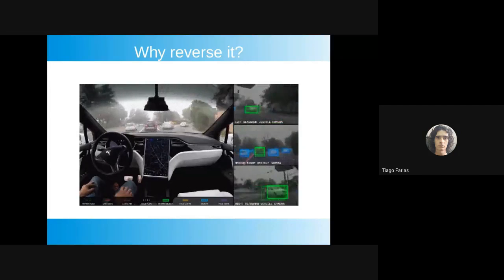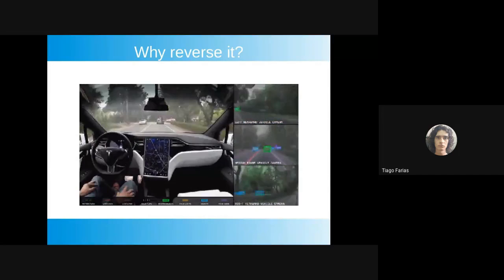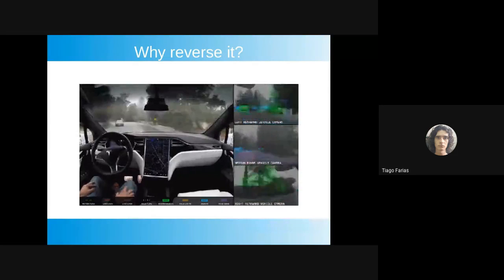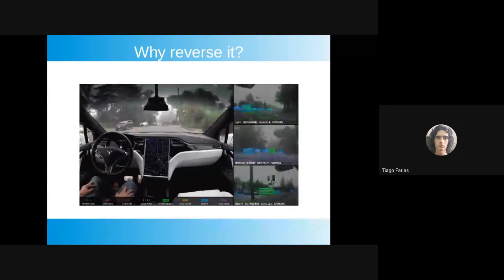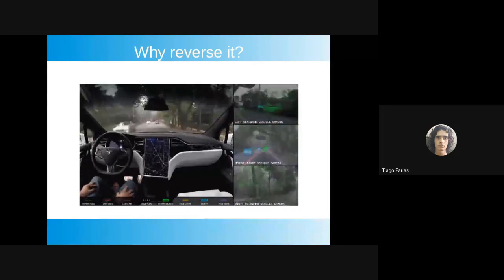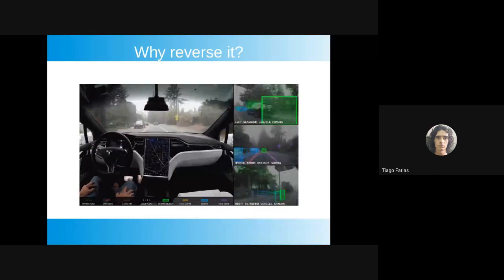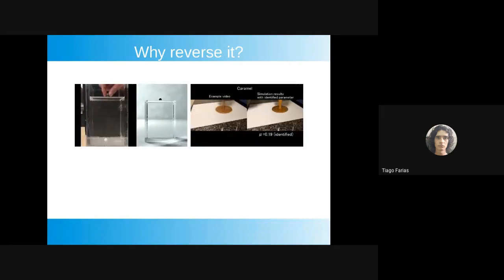So you want to take this video, the images from a video that the self-driving car has, and you want the self-driving car to estimate these physical properties so we can plan how to best drive.